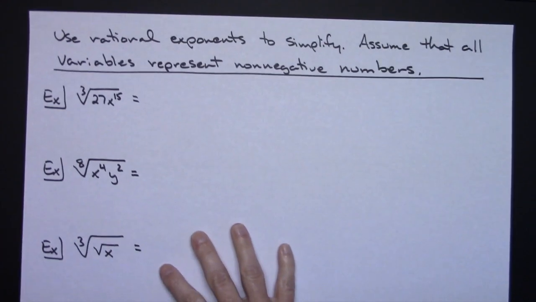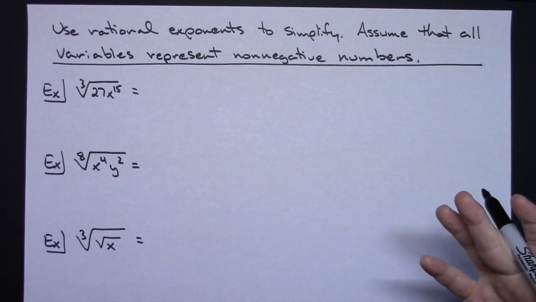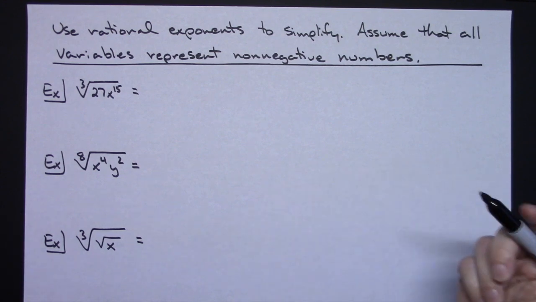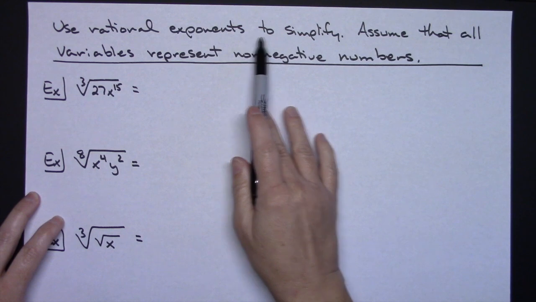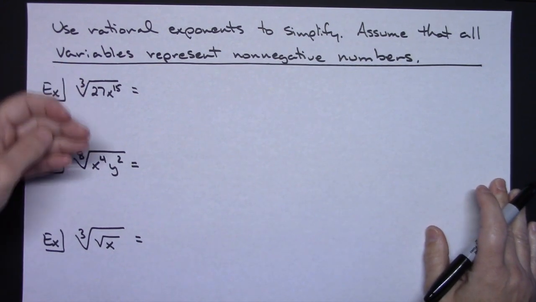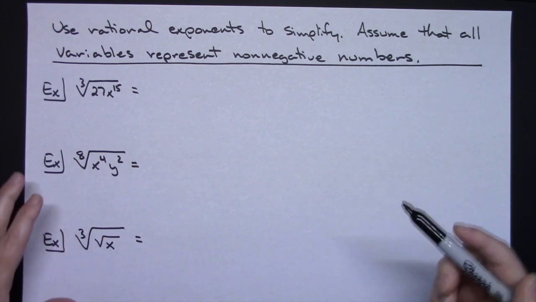Now we need to get to where we're using everything in both of these two videos that I've made, and you're just going to apply everything to simplifying these higher level radicals. The directions are going to be very specific. They're going to say use rational exponents to simplify. This is just a method of how you can simplify higher order radicals, and it makes sense, especially when you've been working with those rational exponents for such a long time.